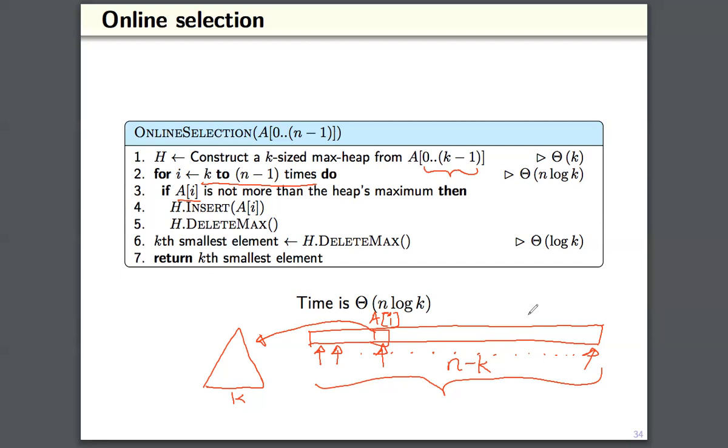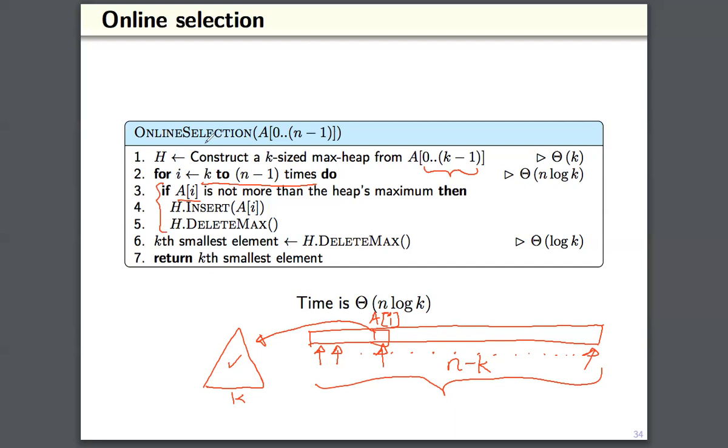So after scanning the remaining elements, you run this logic: if A of I is not more than the heap's maximum, insert one element into the heap, delete max an element from the heap, so that the heap is always of size k. Finally, at the end, you will have k smallest elements here. Can you tell me why?